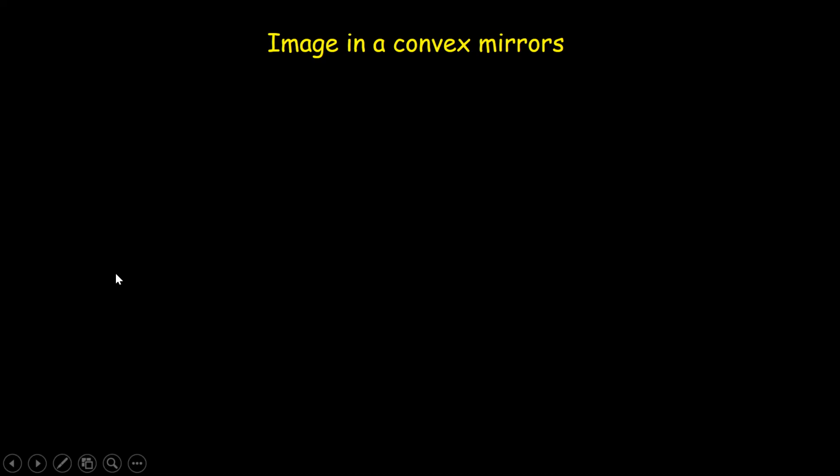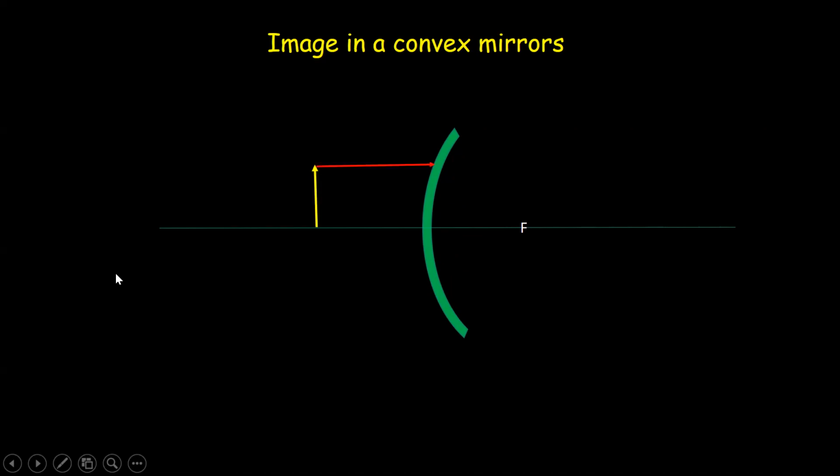So as a result, they always form a virtual image. So definitely the first step is drawing our mirror, but this time a convex mirror, and the principal axis. And remember, the focal point is at the back of the mirror for a convex mirror. We put our object and 2 rays of light.